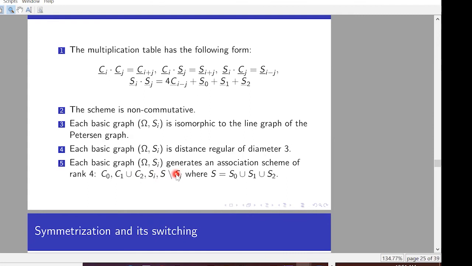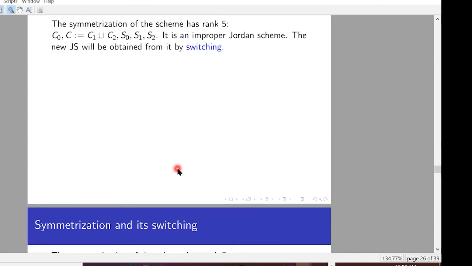So we are in the situation where we have a Siamese color graph. And the symmetrization is of rank 5 because it comes from an association scheme. It gives you an improper Jordan scheme.